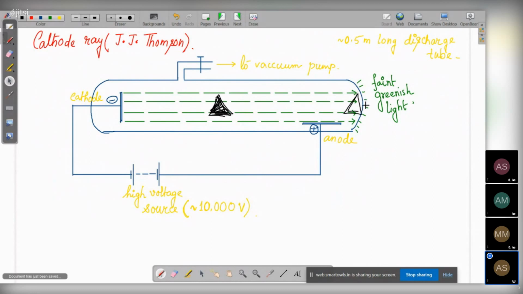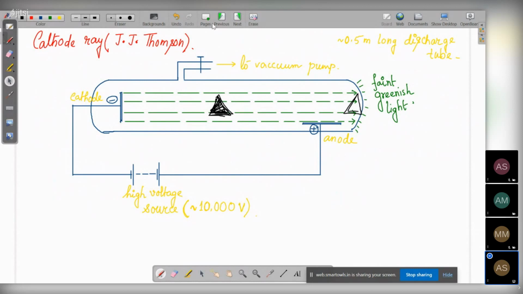It's like light only. If you place your hand in front of a torch light, your shadow will be cast on the wall. So here also, when a solid object is placed in the path of cathode rays, a shadow is obtained.